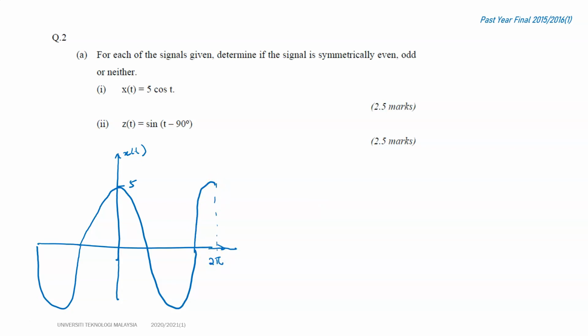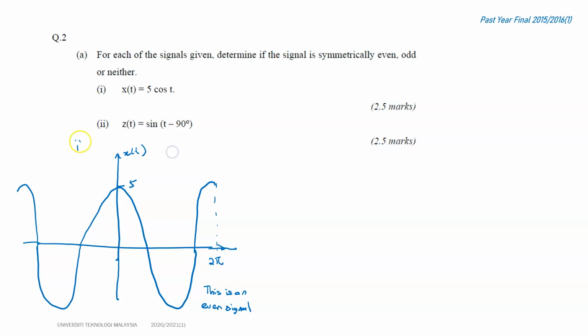If we see here, the signal is symmetrical about the y-axis, so we can answer this is an even signal. Remember that you need to draw to justify your answer. Even if you just answer even, odd, or neither, you cannot get the full marks. The key here is to justify.